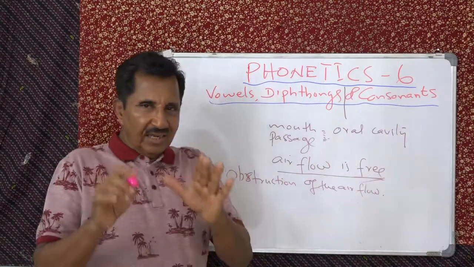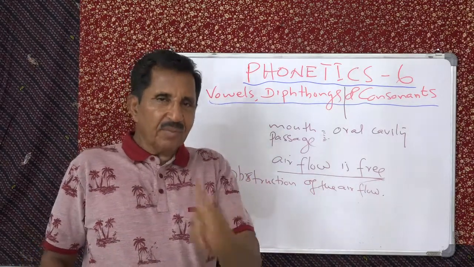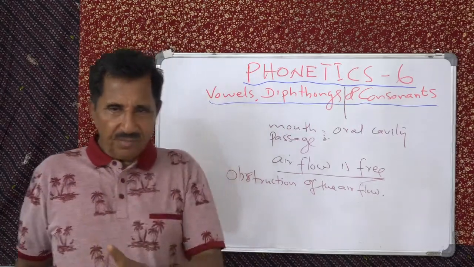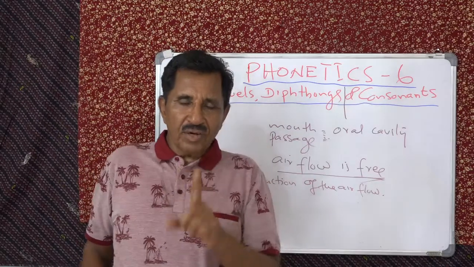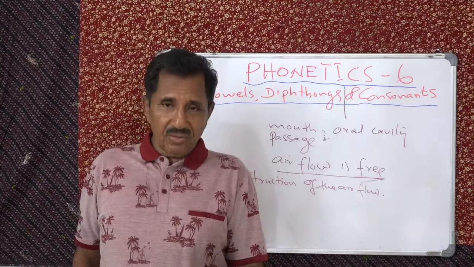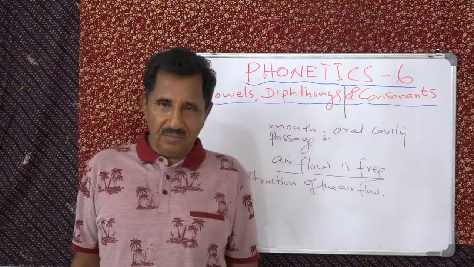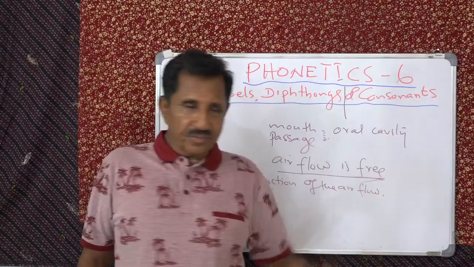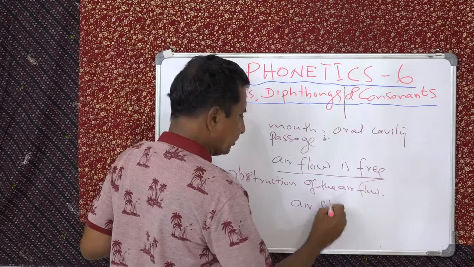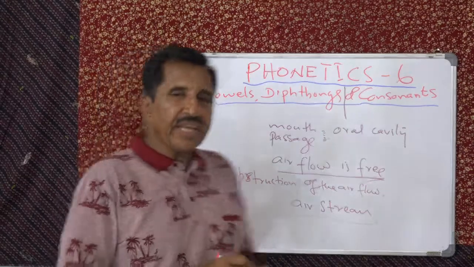Now, let's forget about all the technical terms and words. Just remember two things. Why do you call a vowel a vowel? Vowel and diphthong. You call it a vowel sound because when you produce that sound, there is no obstruction in the mouth passage. The airflow, or another word for that is the air stream, is like a stream. The air stream is free.